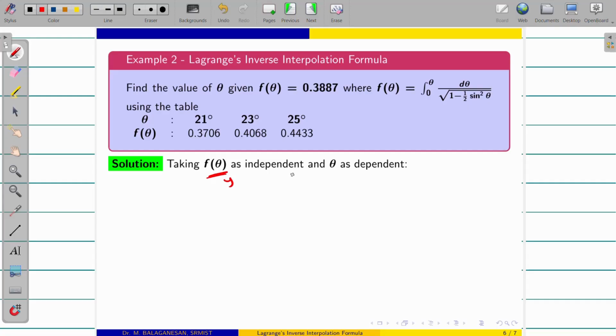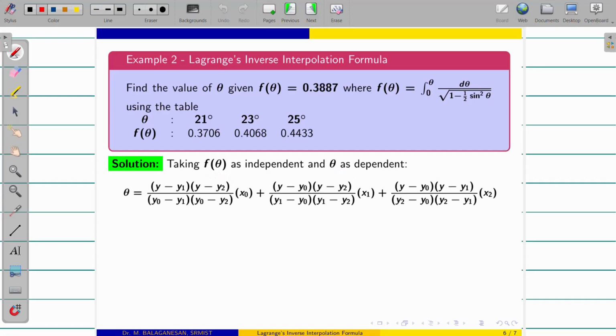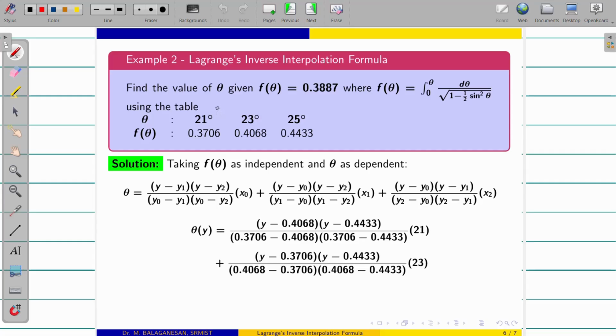Here you can replace f of theta by y and theta by x, then you won't get any confusion. Write the formula. Here it is x and then everything is in y. Then substitute the values of x0, x1, x2, y0, y1, y2, given in the question.